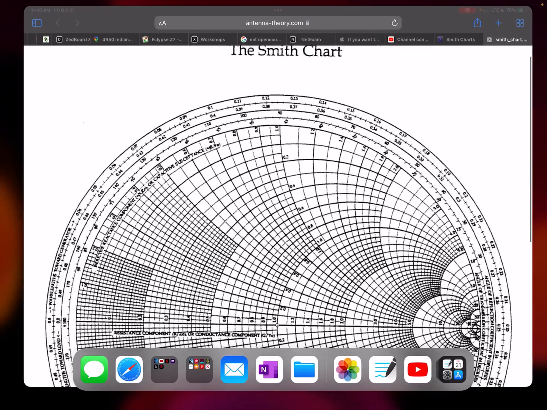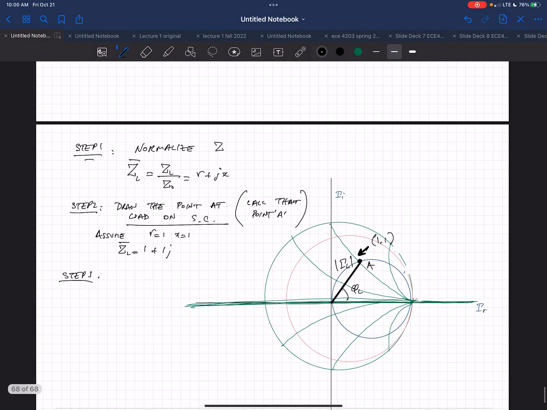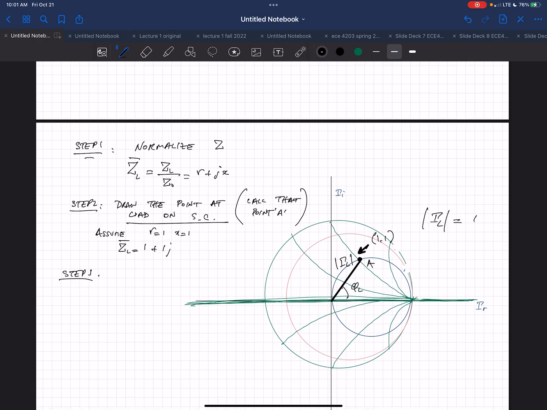So on this chart, the maximum value of gamma sub L, the maximum value of the load reflection coefficient, is 1.